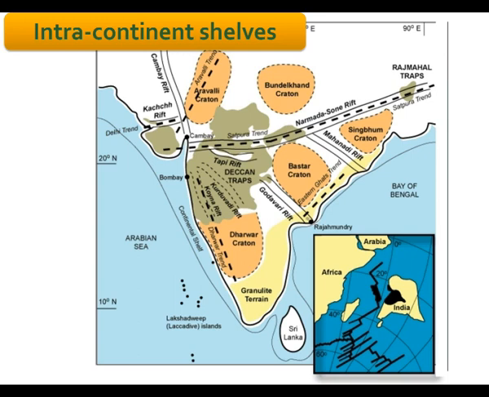Along with that there are several cratons that we couldn't see because they are in the continental crust, but these cratons play a major role in shaping the physiological features of India. Aravalli craton, Bundelkhand craton, Singhbhum craton, Bastar craton, Dharwar craton, also the southernmost granulite zone.